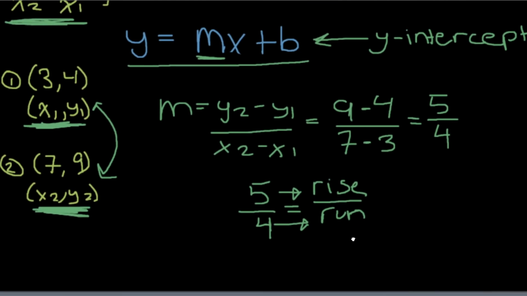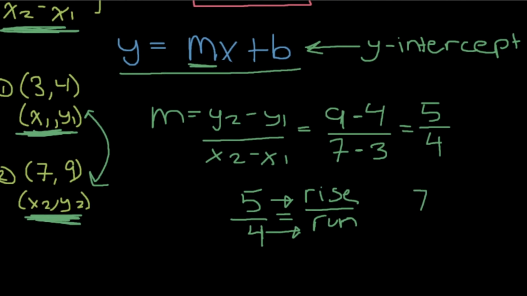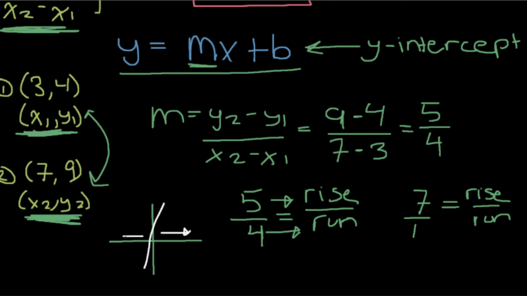Alright, so say you have a slope of just simply 7. Now you may be wondering, what is the rise or run for this? 7, if you put it in fractional form, is 7 over 1. So rise over run, this linear term on a graph is simply going to look a lot higher, since it is rising a lot more than it is going to the left or right.